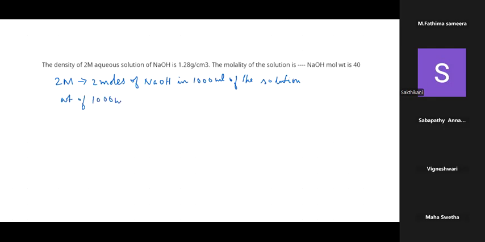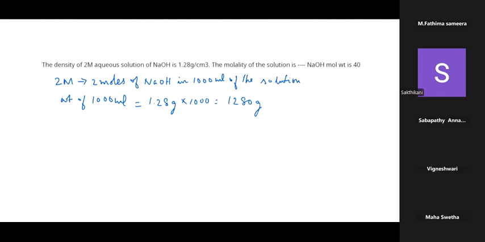Already the density is given. 1 centimeter cube weighs 1.28 gram. Therefore, 1.28 gram multiplied by 1000. 1000 cc is 1 liter, which is equal to 1280 gram. So this is the weight of the solution.